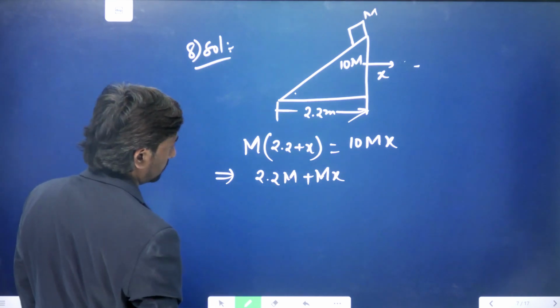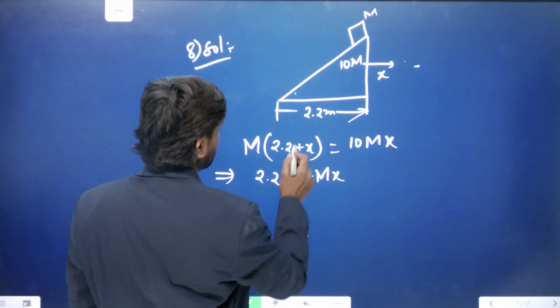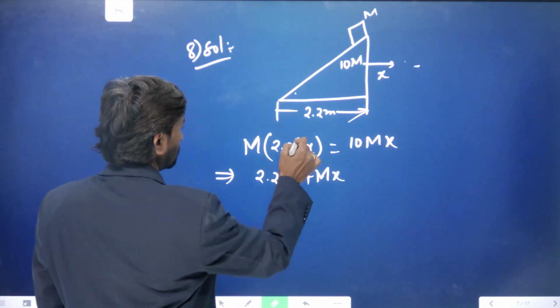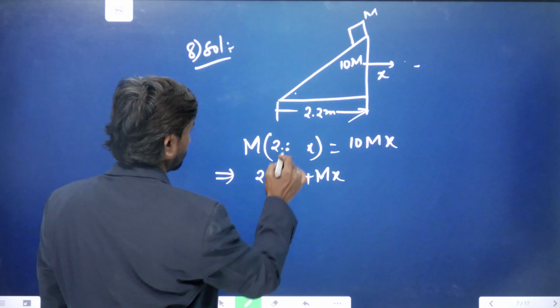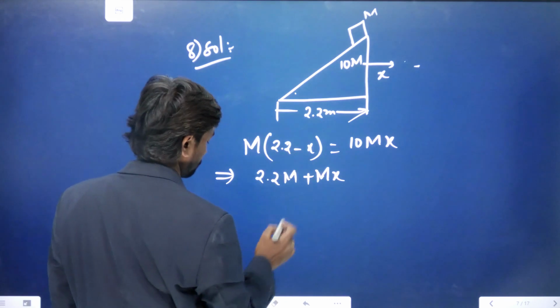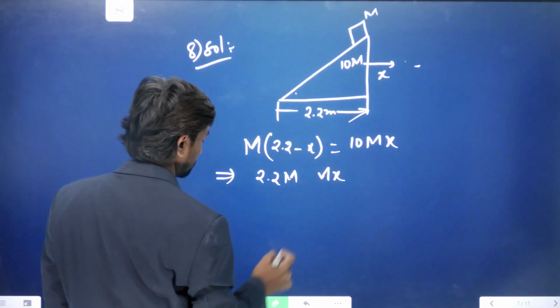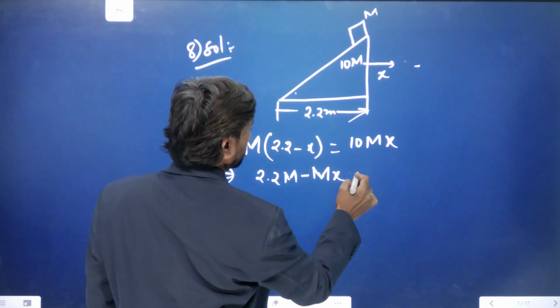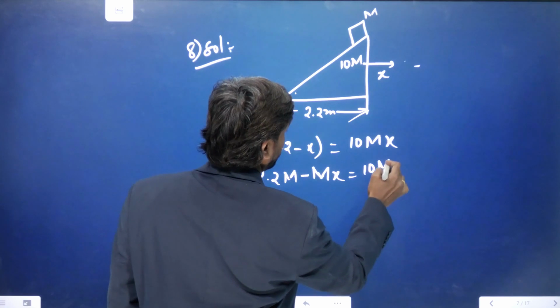So we can write minus 2.2 minus x, so we will get minus capital M into x equals 10 into capital M into x.